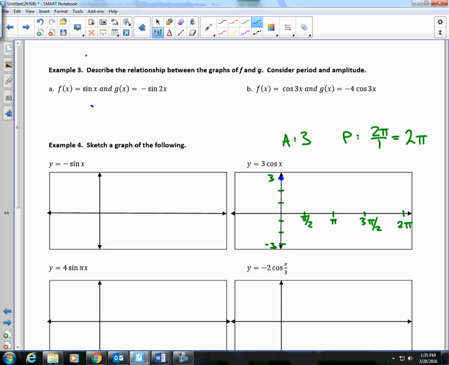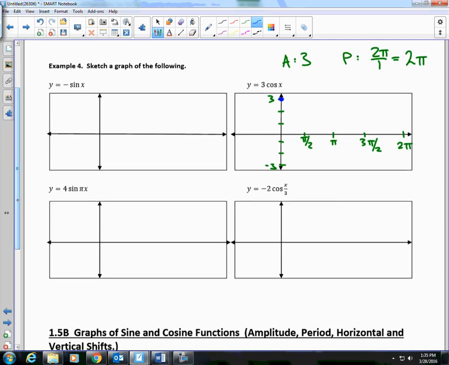So we start up here. And after that, we just cycle through the spots on the graph. So if cosine starts up here, is it going to then go up or is it going to go down? It's going to go down, and it will have to cross over the x-axis at the first spot. And as you move on to your next one, it will drop all the way down to -3.